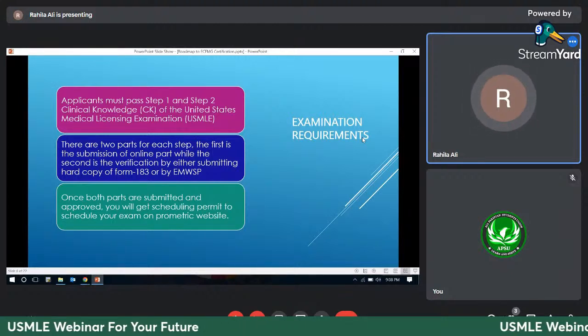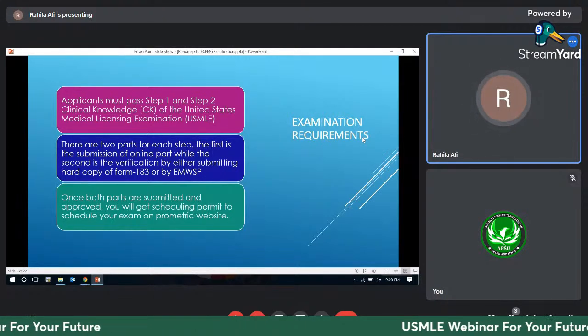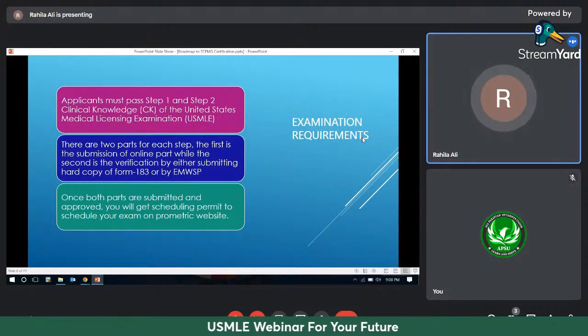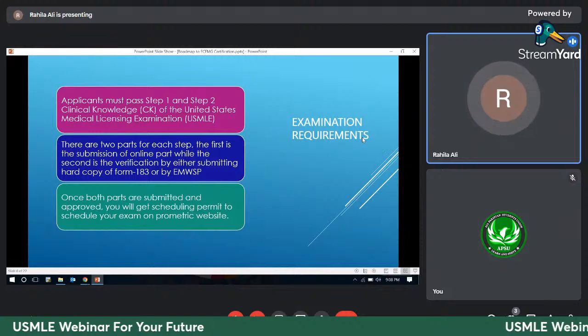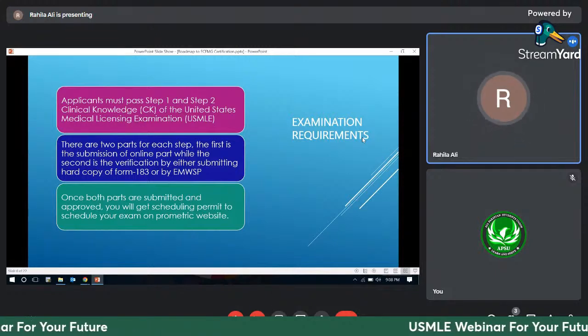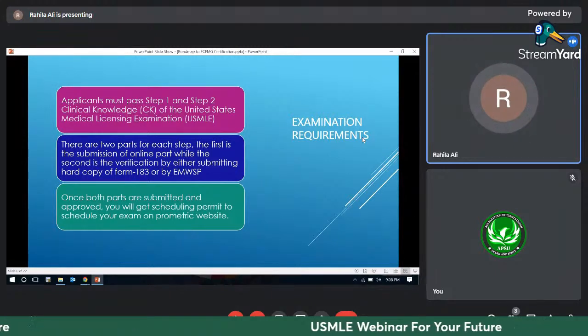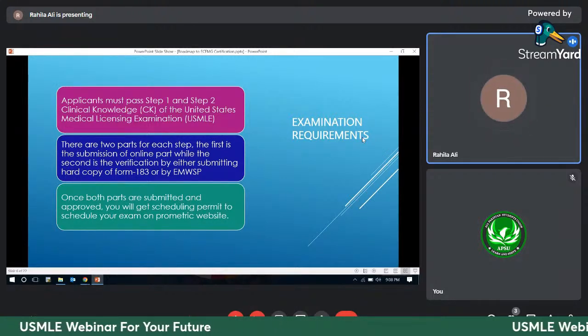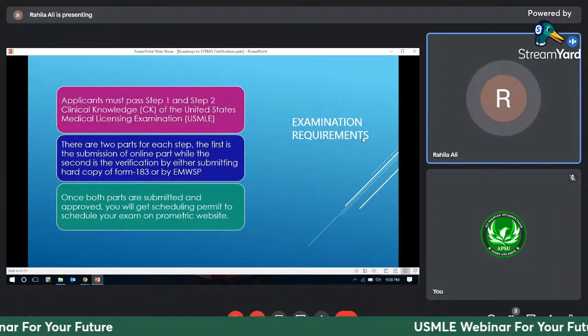Examination requirements: applicants must have Step 1 and Step 2, and after Form 183, you apply for Step 1 and Step 2. First, you submit your credentials online, and after that you verify your Form 183. There are two ways to verify it.